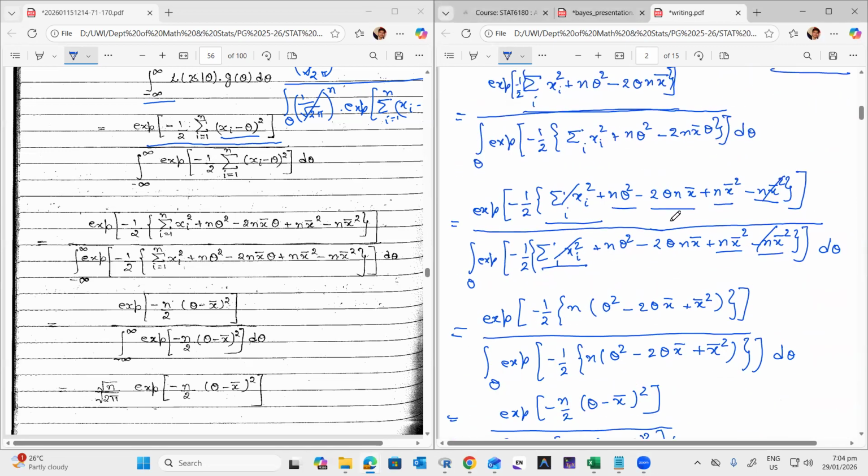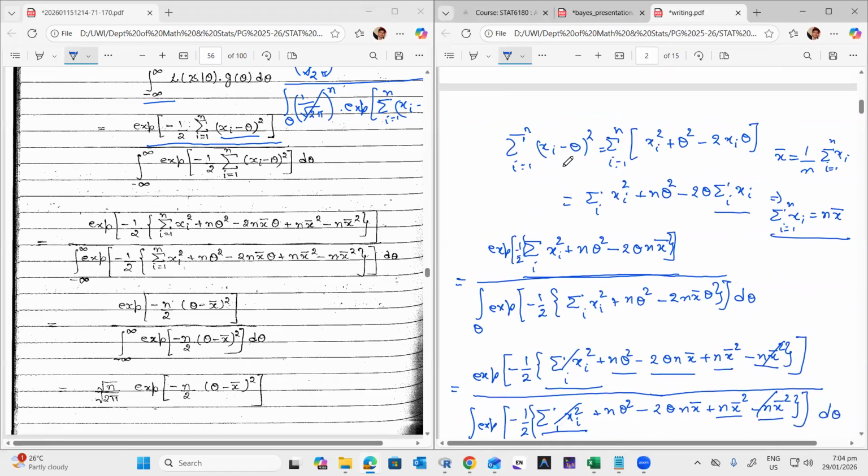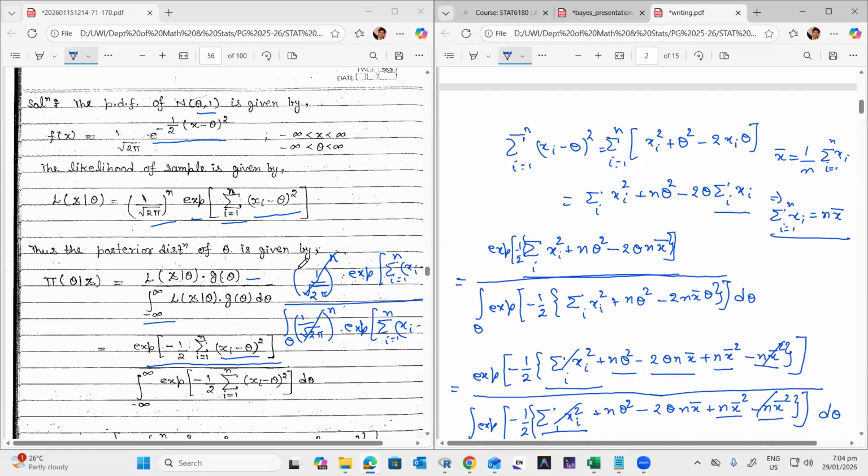In the numerator, we have only likelihood and prior information. In the denominator, we are integrating over the range of theta, not over the range of xi. So when we are integrating with respect to theta, not with respect to xi, xi will become your constant value because this is known.